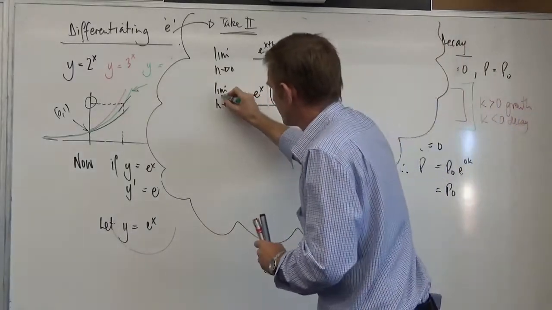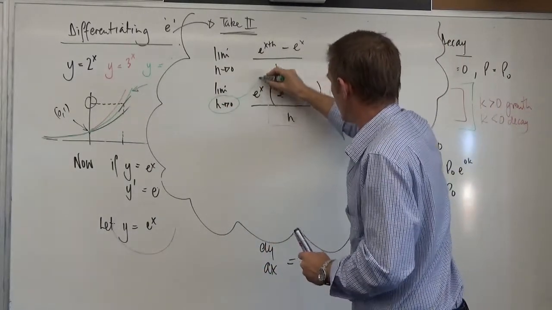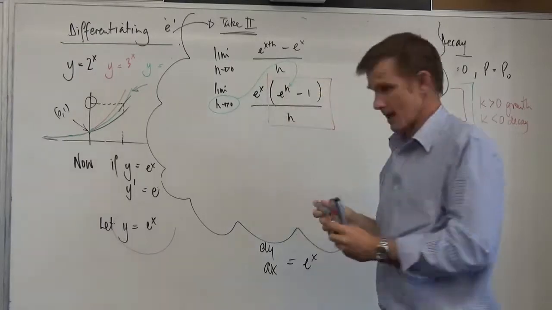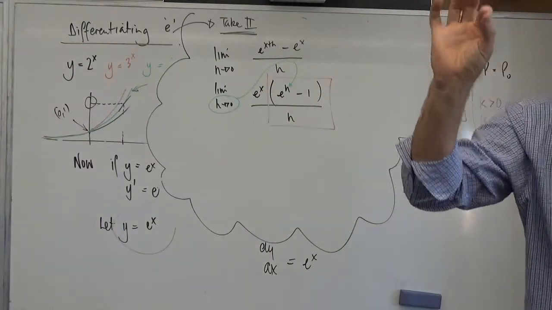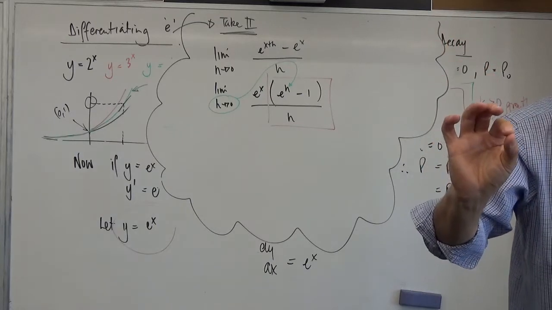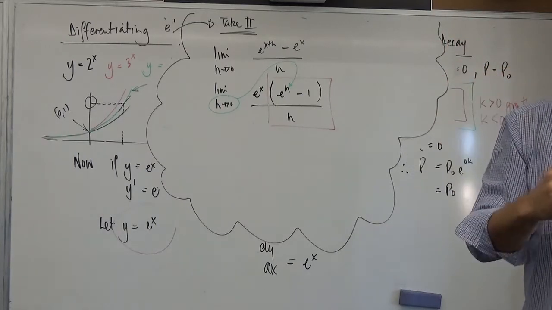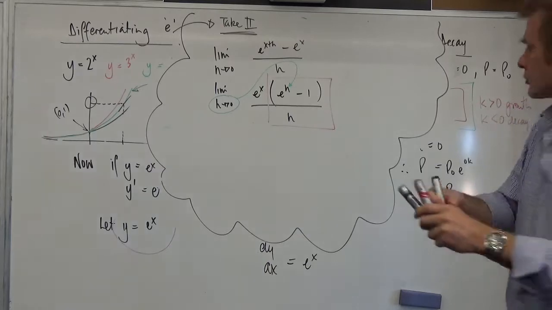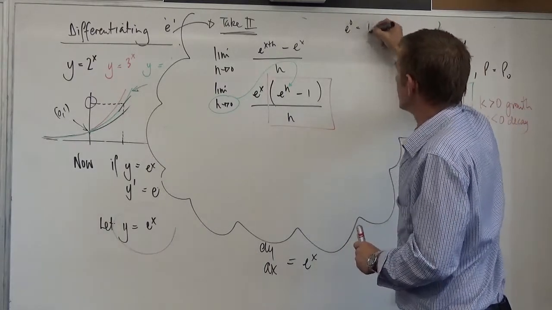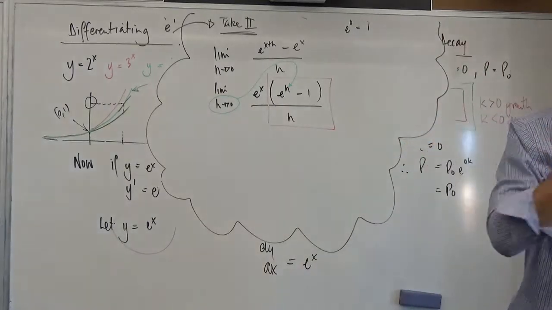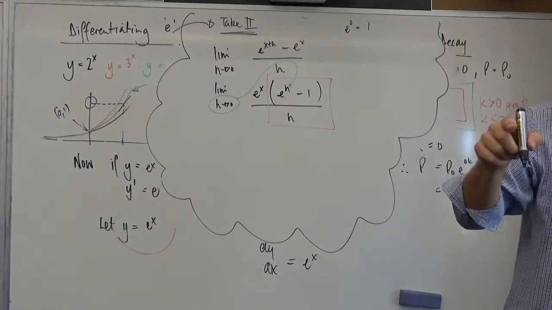Well, think about this. If you put h equals 0, or approaches 0, into there, e raised to a power that is closer and closer to 0 is going to become closer and closer to 1. Because remember, if I did e to the 0, that's equal to 1, isn't it? Anything raised to the power of 0 is equal to 1.